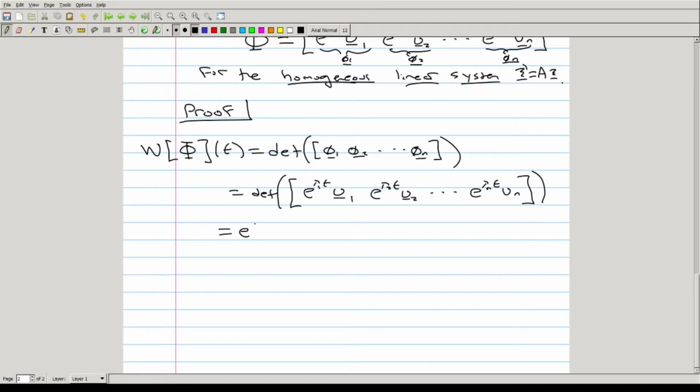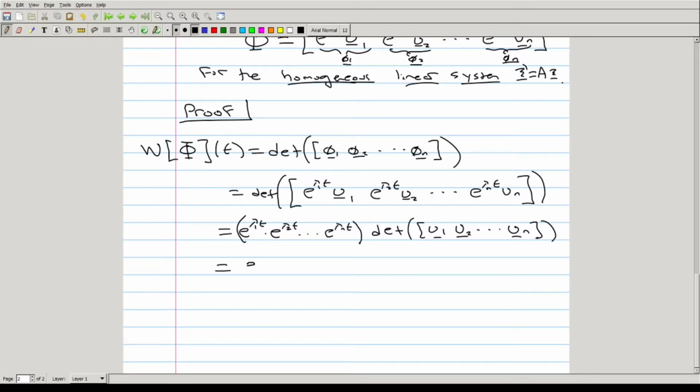This will be e to the lambda 1 t times e to the lambda 2 t all the way up to e to the lambda n t times the determinant of u1, u2 to un. And because the u's are all linearly independent, this determinant is non-zero.